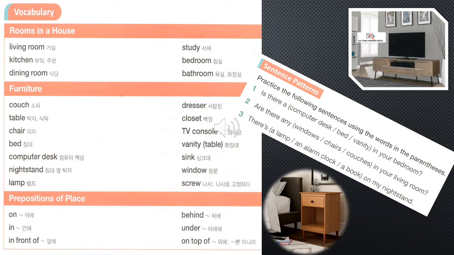Are there any windows, chairs, couches in your living room? And there's a lamp, there's an alarm clock, there's a book on my nightstand. So there you have some common sentence patterns using some of this vocabulary and these prepositions of place. So let's dive into our conversations, our dialogues in the next slides, and see how we can use some of these words.